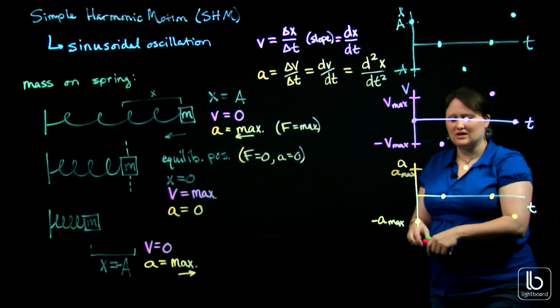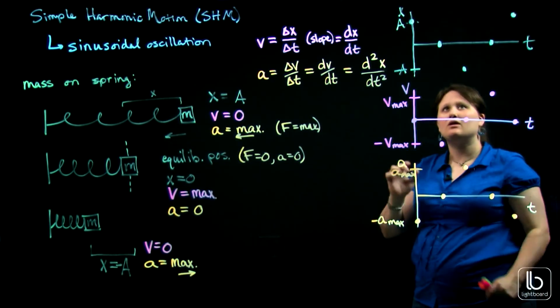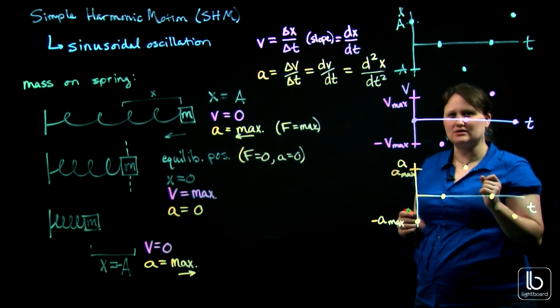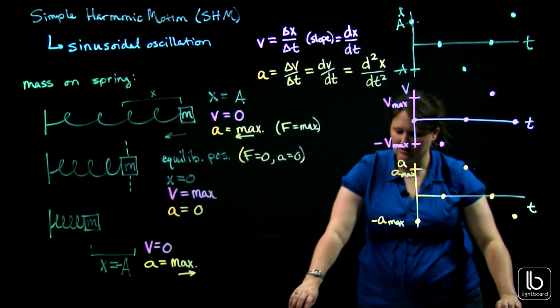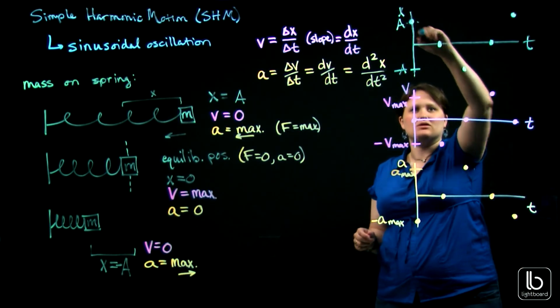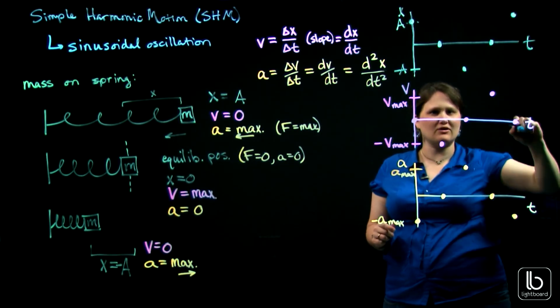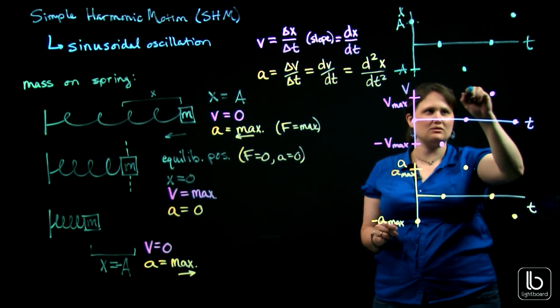Now, here's the kicker. Here's where this actually gets interesting. So how do I connect the dots? That's my question to you. How do I connect these dots? Am I going to connect them with just straight zigzag lines? Am I going to have this triangular function? Is it going to be a square wave of sorts?